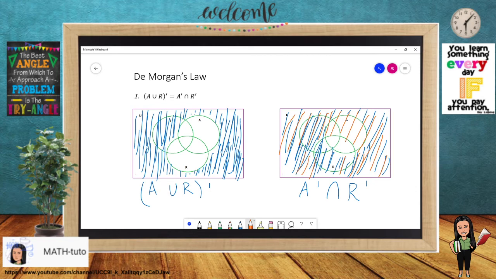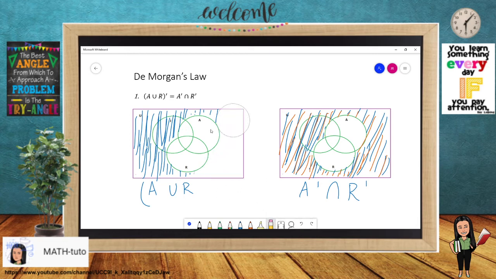Ay, sorry, hindi kasama yung R. So, itong orange na to, wala. Ang may iwan lang ay yung intersection ng blue and orange. Mabubura na talaga yung lahat ng nasa R. Mabubura din lahat ng nasa A. So, the only shaded portion is this part except for A and R, which is the same as the first one. So, meaning, this statement here is true.